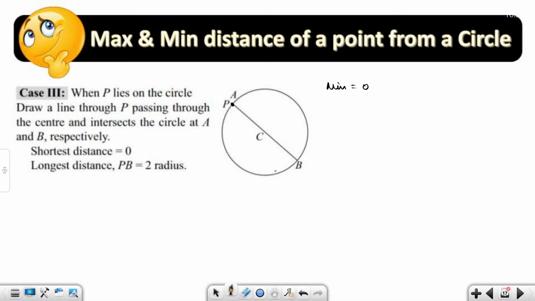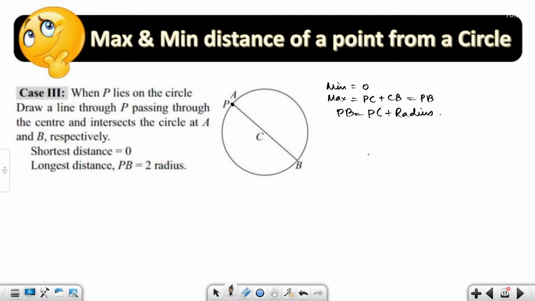It is 0, because point P is very much on the circle. And what is its maximum distance? Its maximum distance is PC plus CB, which is actually PB. PB is nothing but PC plus CB, where CB is the radius.